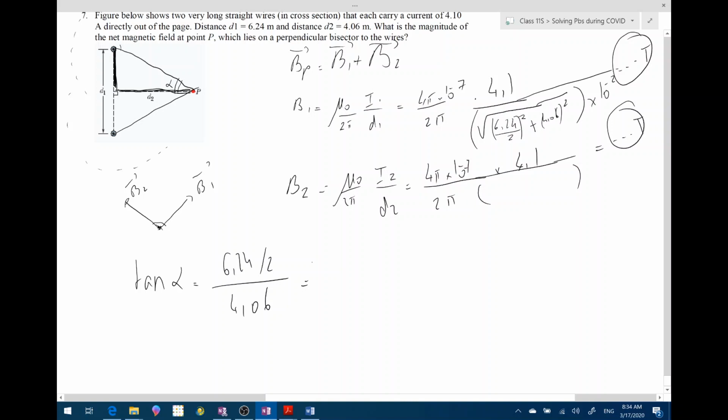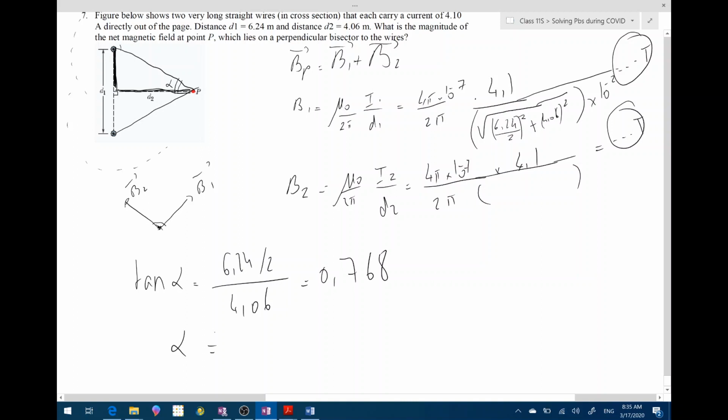Now let me try to calculate this. 6.24 divided by 2, we divide by 4.06, and that would be 0.768.